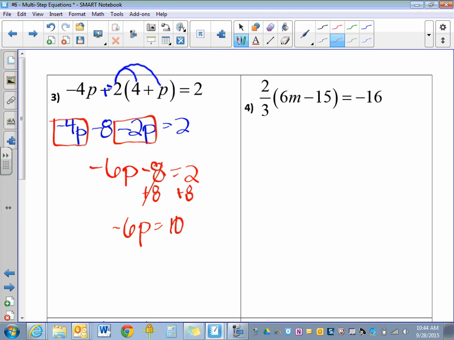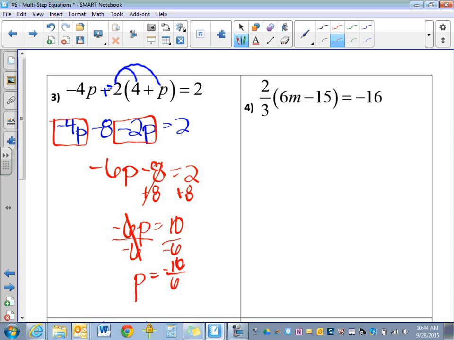Again, we need to have the variable by itself. There's still that negative 6 to be multiplied. So, Antonio, what do you think we'll do next? Very good. Divide by negative 6. Again, those cancel. Negative 6 divided by negative 6 reduces down to 1. So I have p equals negative 10 over 6, but we can reduce this.